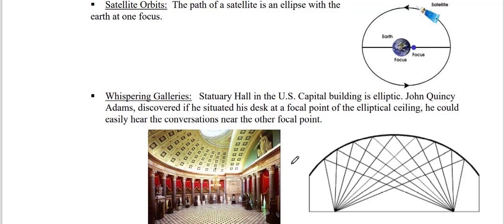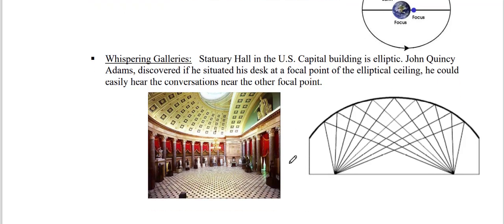An ellipse has this property that if you are sitting at the focus, the reflection of that will reflect to the other focal point. So John Quincy Adams discovered that if he situated his desk at one of the focal points of the elliptical ceiling, he probably didn't know that's what he was doing, but he found this to be the case.